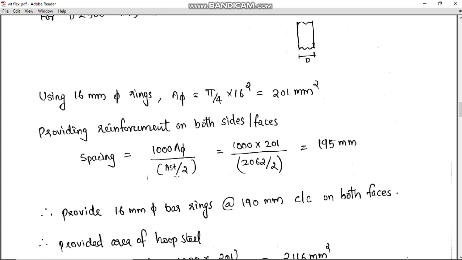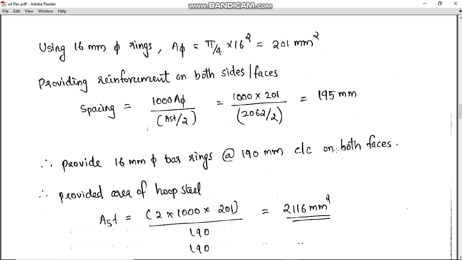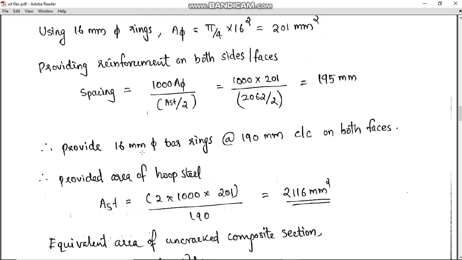So AST by 2, we will get spacing as 195 mm. Therefore, provide 16 mm phi bar rings at 190 mm center to center on both faces.